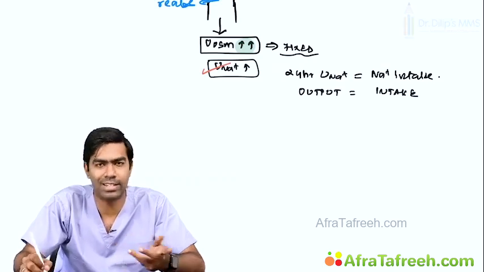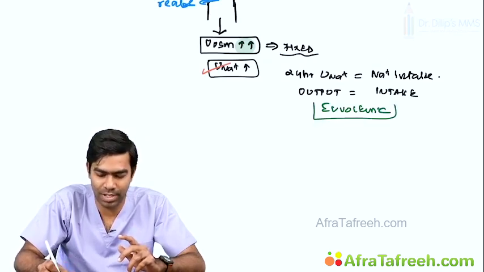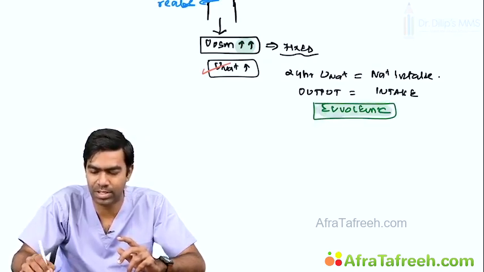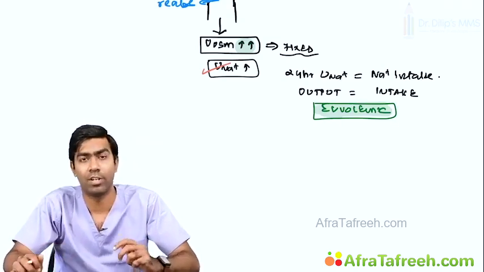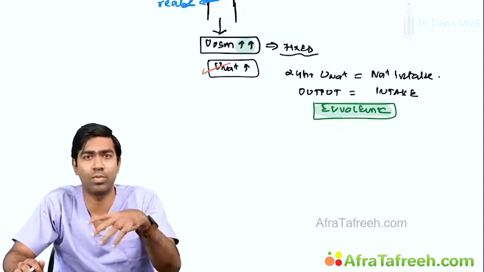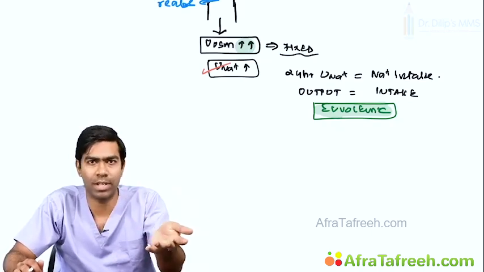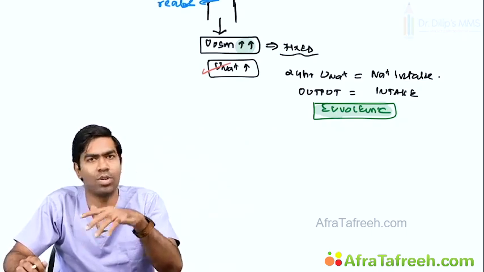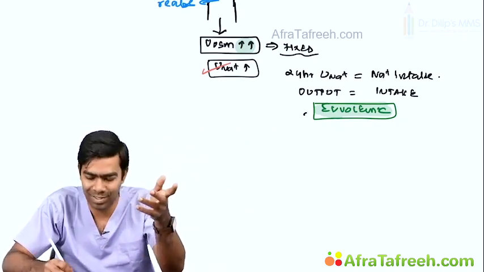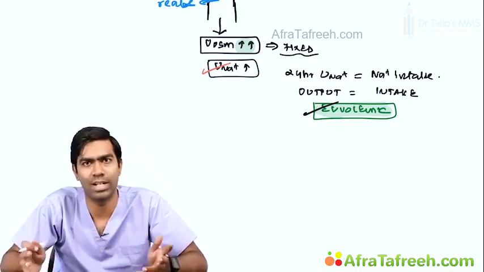That is the reason why these patients are in a euvolemic state. Even though you can explain it otherwise, this is the main reason why these patients are euvolemic, which means there is no net change in the sodium balance in the body. Remember, when sodium intake is more compared to the output, you will result in a hypervolemic state. When sodium intake is less compared to the loss happening in the body, you will result in a hypovolemic state. But if sodium intake is equal to output, you will obviously result in a euvolemic state only, and that is what is happening in SIADH. Your sodium intake is equal to the net output.